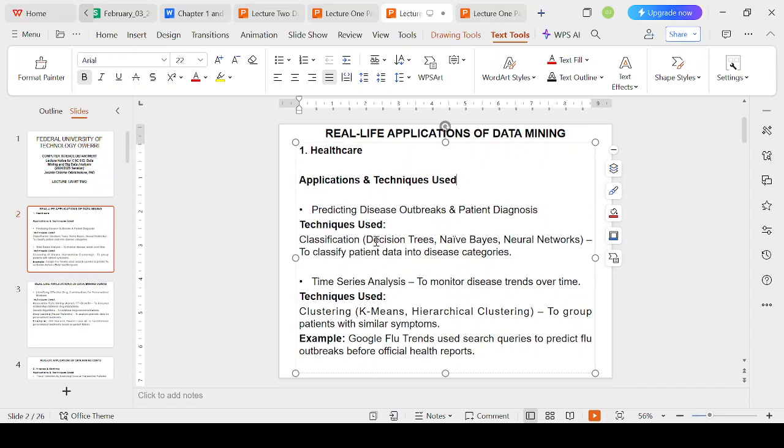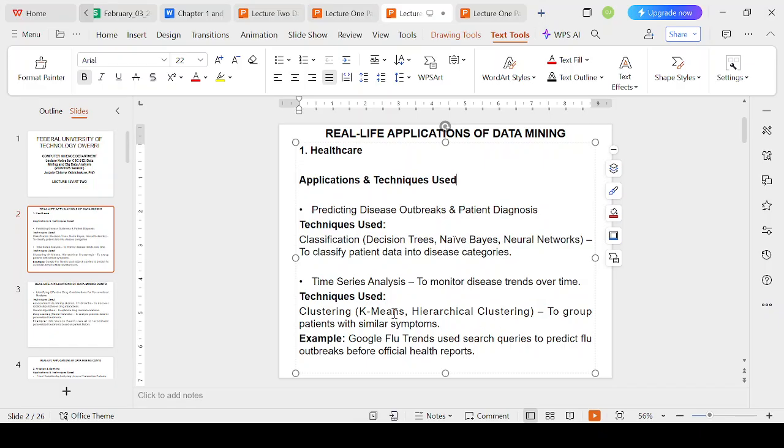We can use classification problem. We can use decision tree, naive Bayes, neural network to classify patient data into disease category. Time series analysis to monitor disease trends over time.